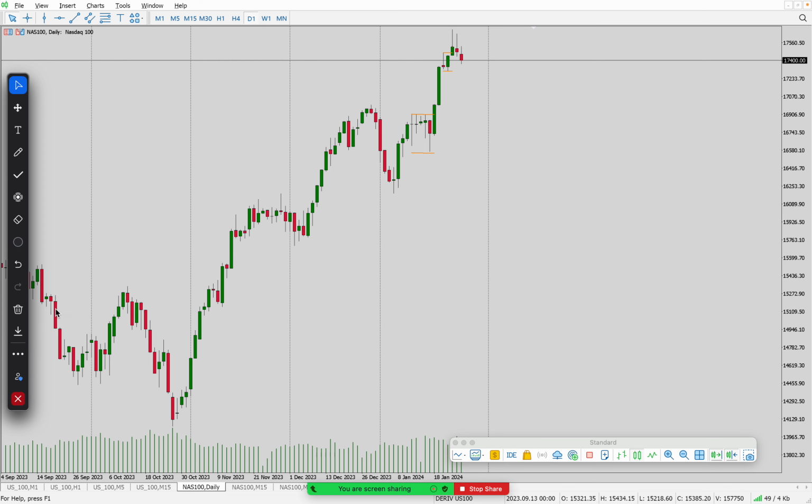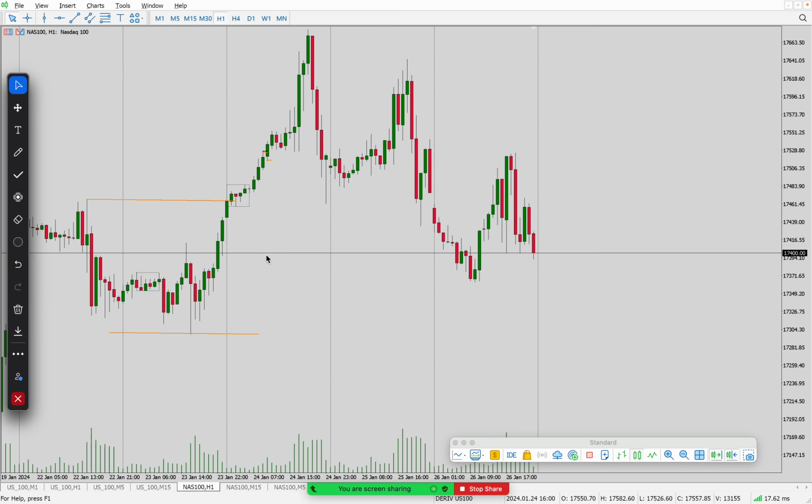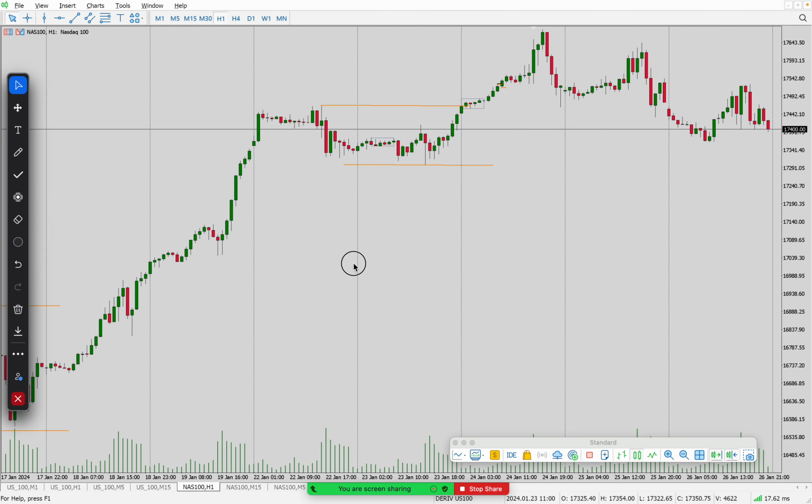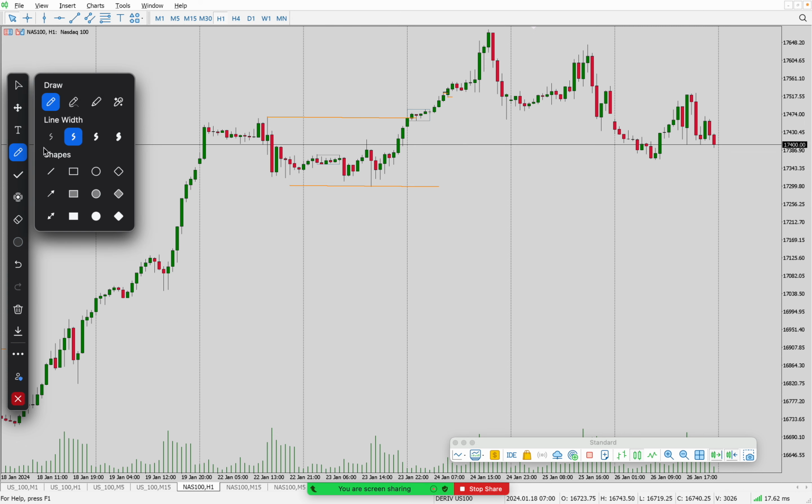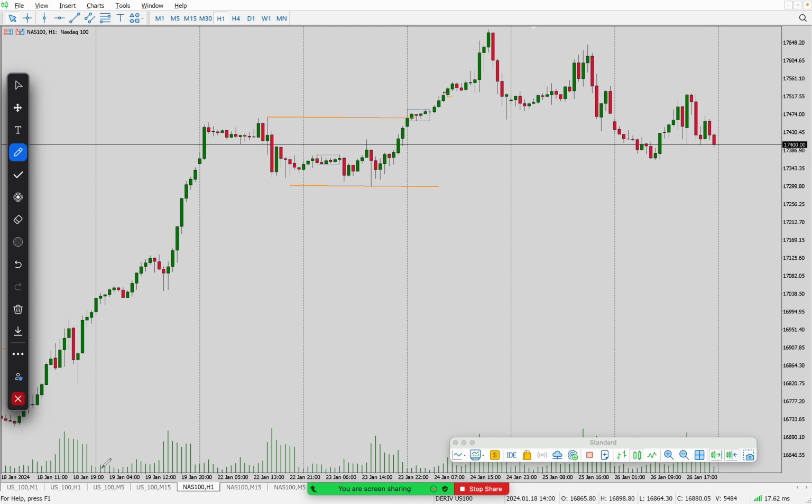Let me just remove all annotations. Wow, it's correlated to the volume too. Yes, at each of those. Yes, it is. Because if you look at the volumes on an intraday perspective, especially the 15-minute chart, you're going to see that this is what happens to the volumes almost every day.